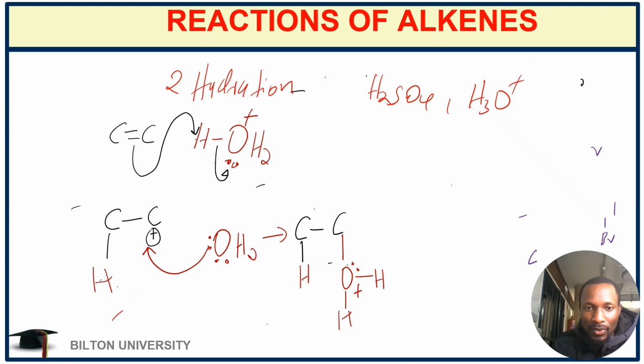Now once we have this, we can deprotonate this proton so that we can form our alcohol. So we have our H2O, and this bond will be broken and we regenerate the acid that we used in the first step. So this is our first step, second step, and this is our third step.